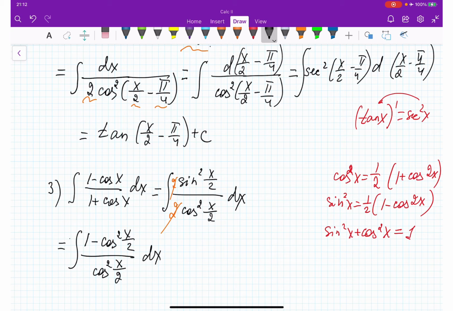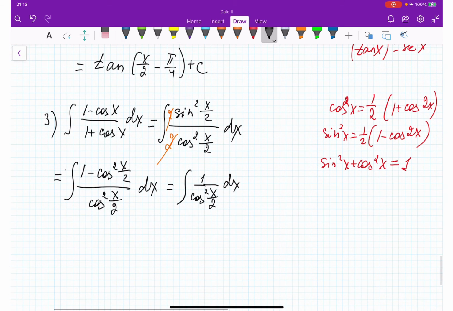So let's take care of it. I'm going to get 1 over cosine squared half of x, dx, and minus the integral of 1 dx, or just dx. Let me write it down because I'm going to do some changes still. Let me go slowly so nobody wonders what's happening.